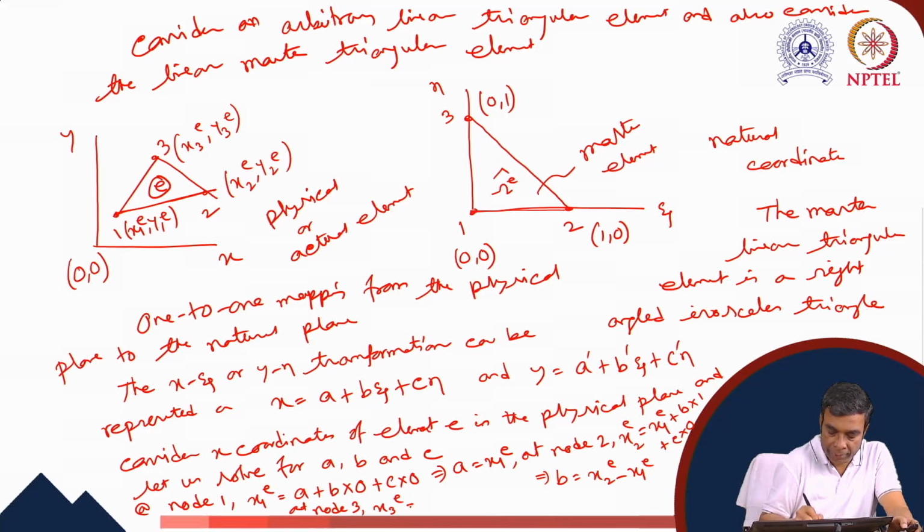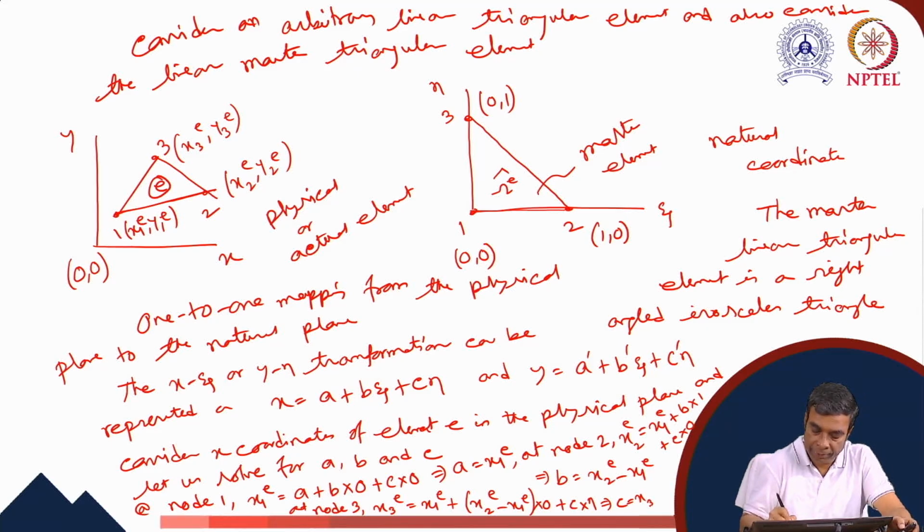Now at node 3, our x coordinate is x3e. So x3e equals A plus B xi plus C eta. Our A is x1e, our B is x2e minus x1e. At node 3, the xi coordinate is 0, so x2e minus x1e into 0 plus C eta, eta is 1. This gives us C equals x3e minus x1e.